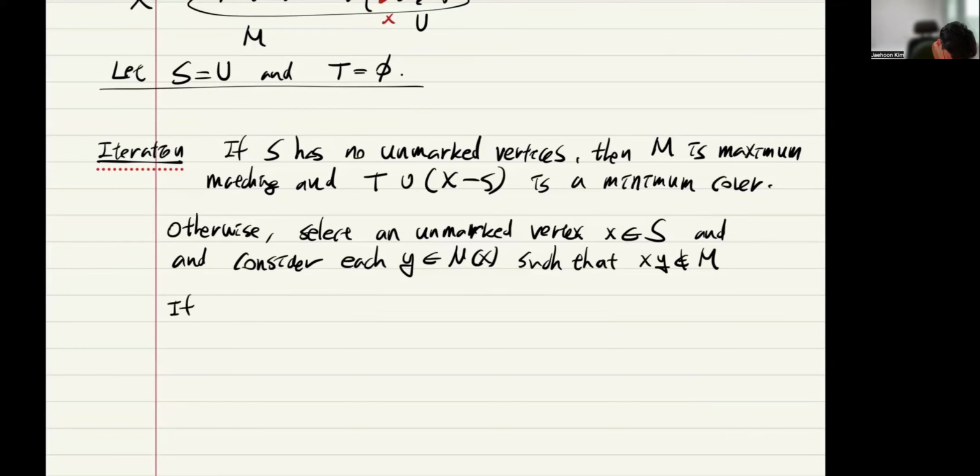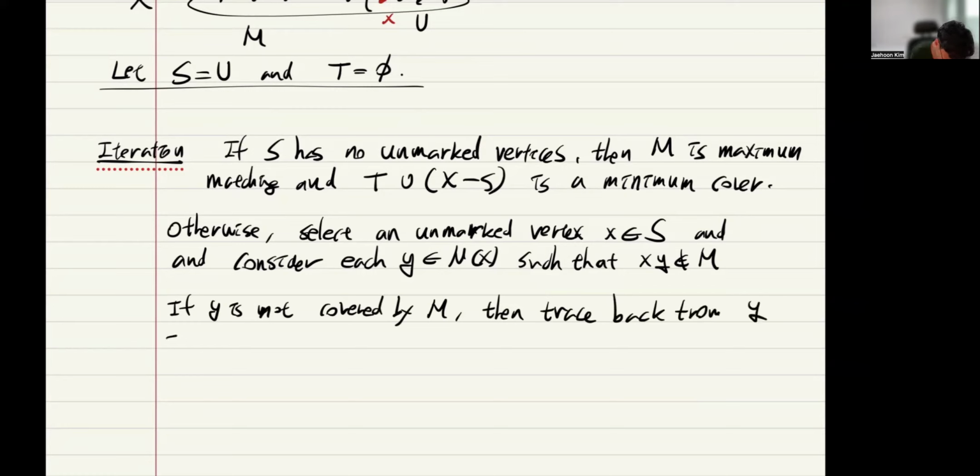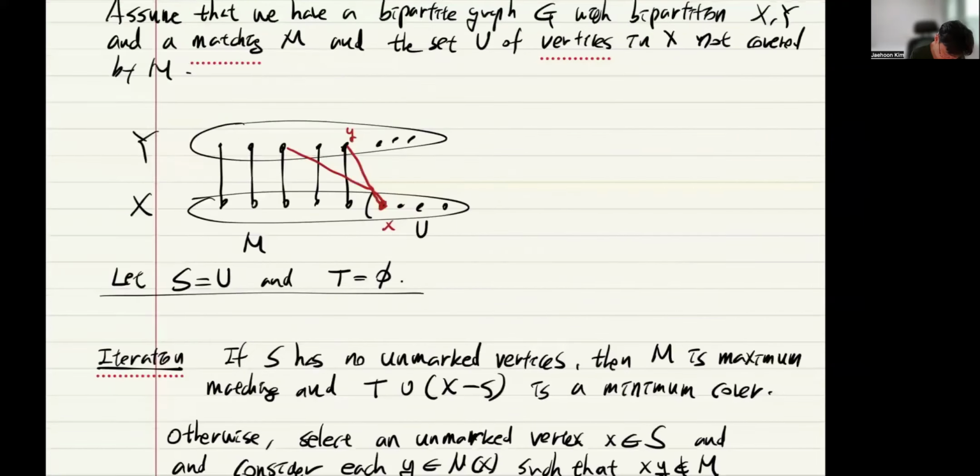Okay, and if Y is not covered by M, then trace back from Y to find the augmenting path. Meaning, let's say your X was here, and your Y is here.